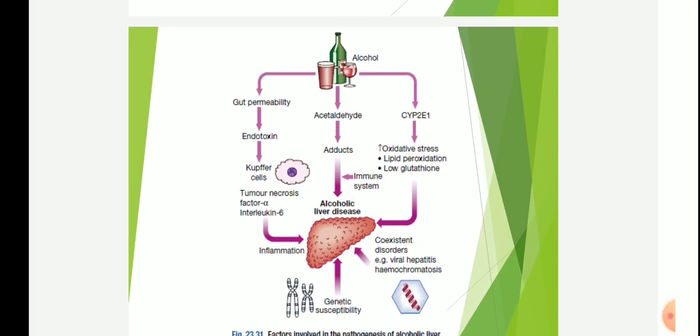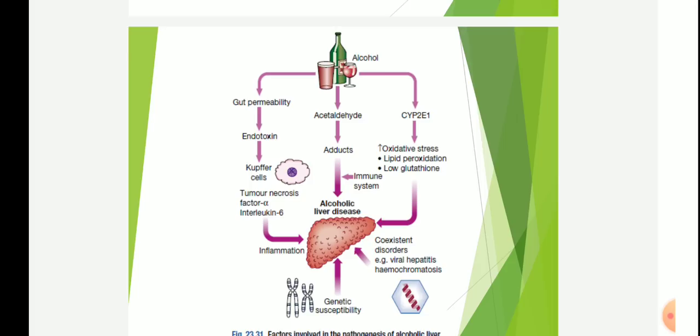Then there is genetic susceptibility, and oxidative stress, increased lipid peroxidation, and low glutathione. These flowcharts are really important in your exams.